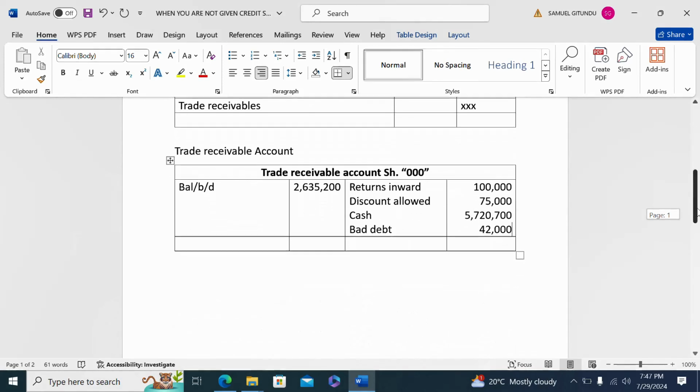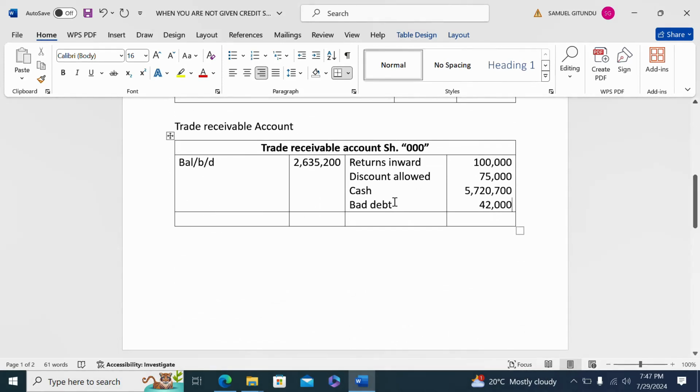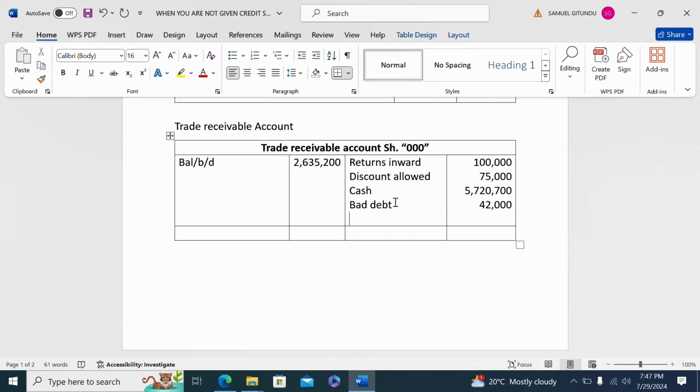No. So at the end of the year, there's the amount of the trade receivable which is not yet collected, and it is usually called the balance carried down. So we write the balance carried down there. This is the amount of trade receivables which is not yet collected at the end of the accounting period.